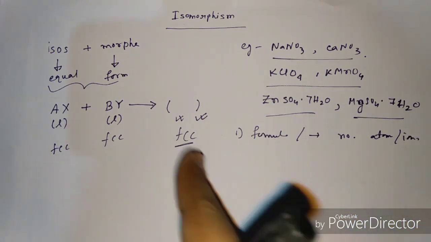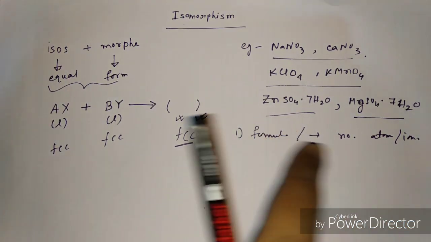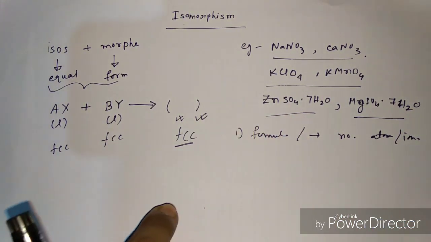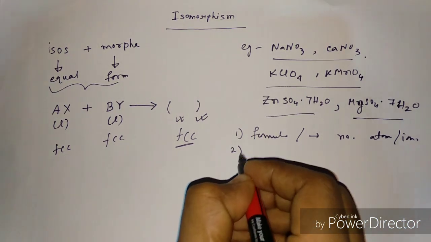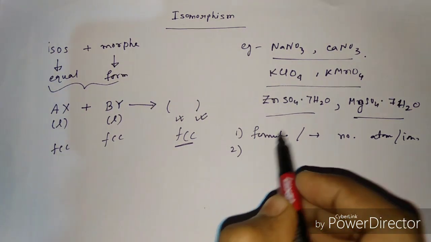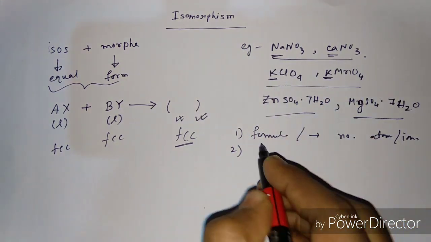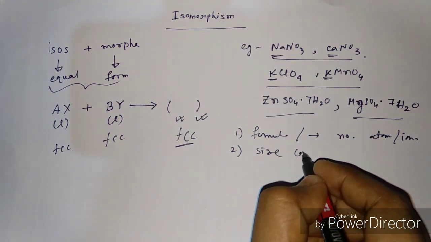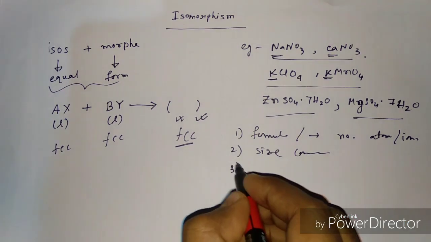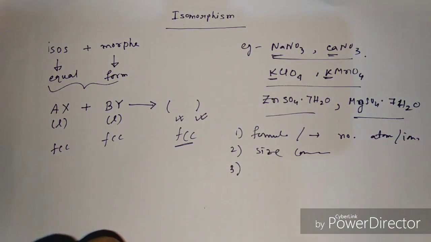I will explain all of this later, first let me tell you the 6 conditions. The second condition is size: the size of this atom, this atom and this atom should be comparable.